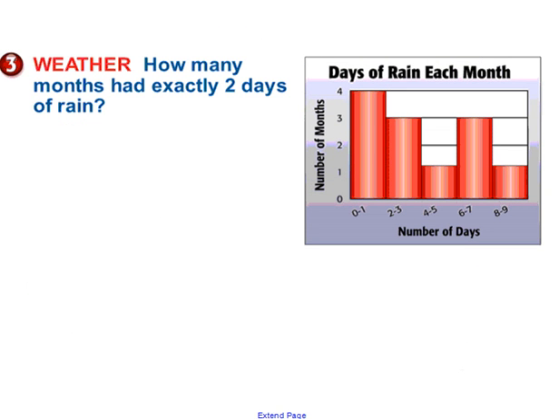Moving on, how many months had exactly, keyword, exactly 2 days of rain? Well, I know that none of these 4 months had 2 days of rain. And of these 3 months, they had 2 or 3, but I can't tell how many had 2 or how many had 3, so there's no way to know.